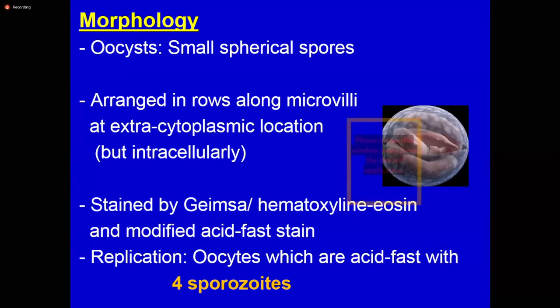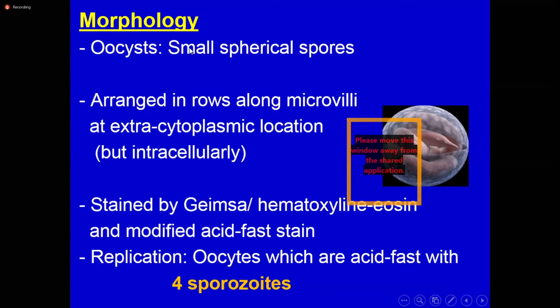راح أشوفكم صورة إلى replication are acid fast with 4 sporozoid. عندها 1 2 3 4 4 sporozoid inside oocyst.